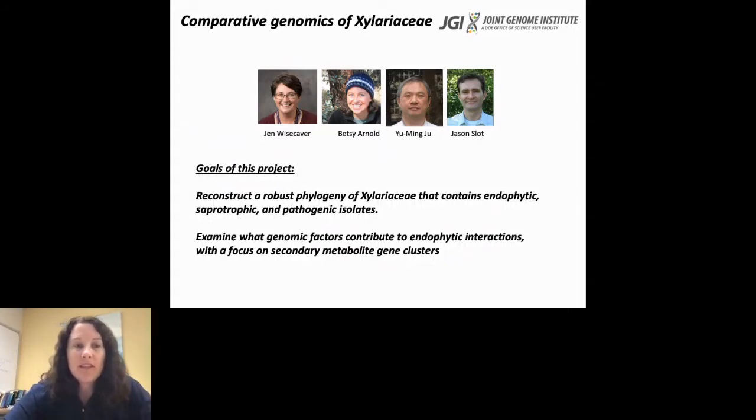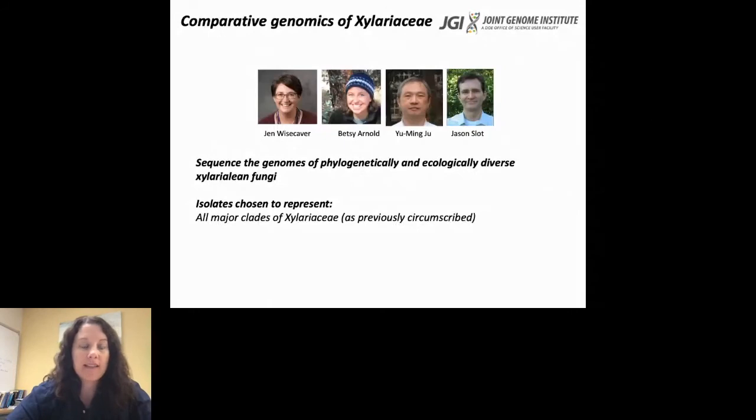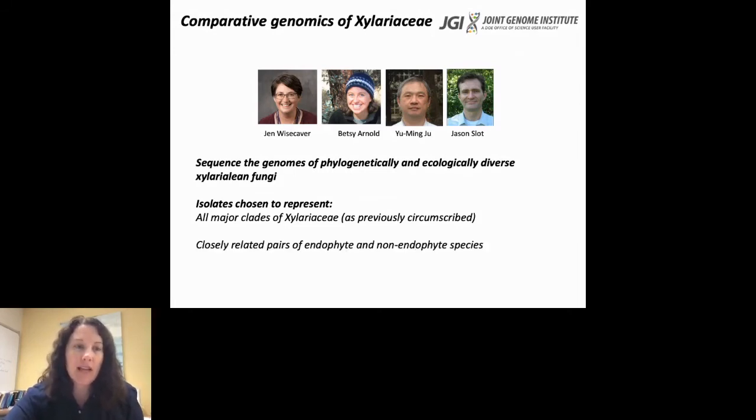We sequenced the genomes of phylogenetically and ecologically diverse Xylarian fungi. We chose isolates to represent all major clades of Xylariaceae. I'll just note that there's some systematic revision occurring within this family, and I'll clarify that more, but it's in flux and a bit of a mess. We chose isolates across all major clades based on that multi-locus analysis.